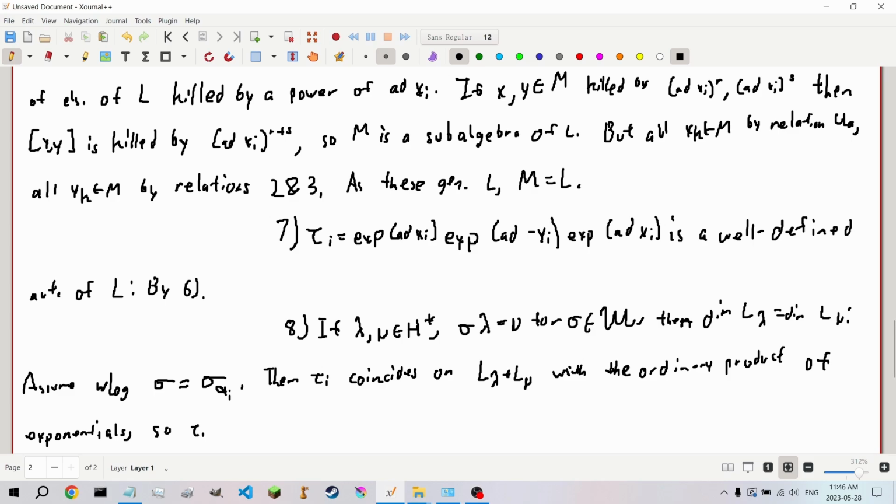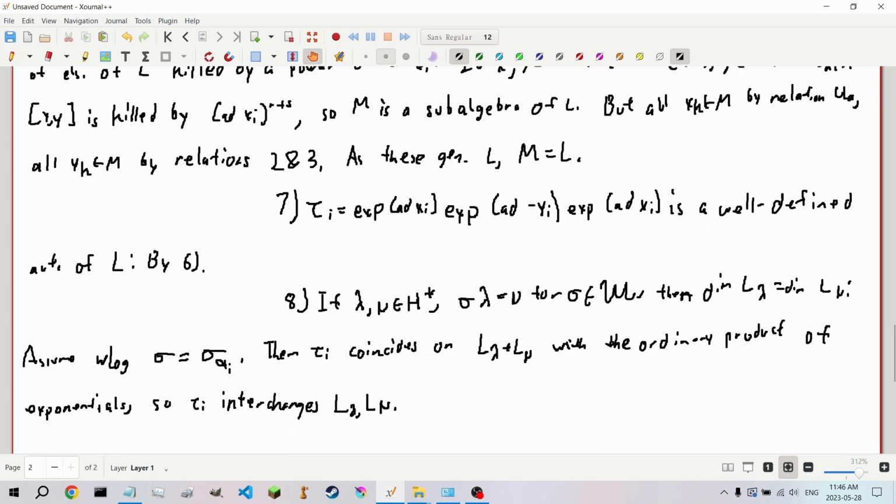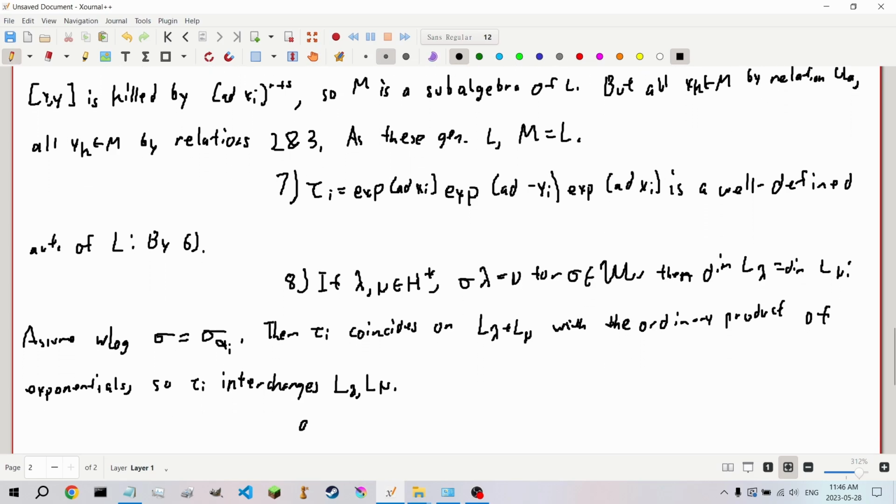So tau i, as we've seen something vaguely similar before, will interchange L lambda and L mu. Which means they have the same dimension, of course.